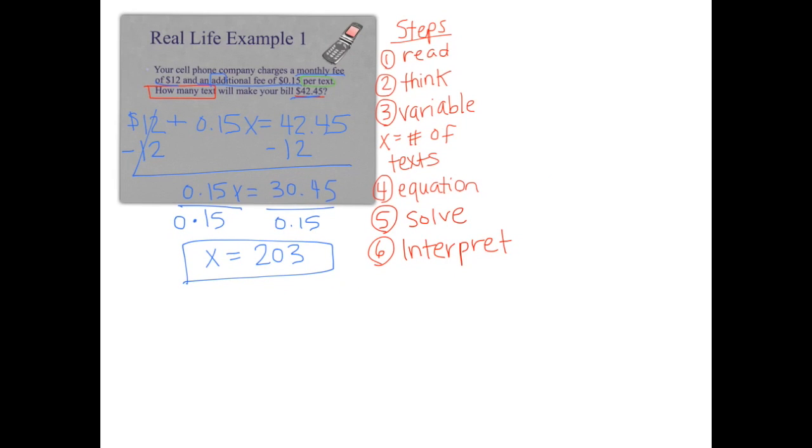So we need to interpret our answer. We got an answer of x equals 203. What is x? Well, notice right here we said x is the number of texts. So in our answer, we need to say that we have 203 texts.